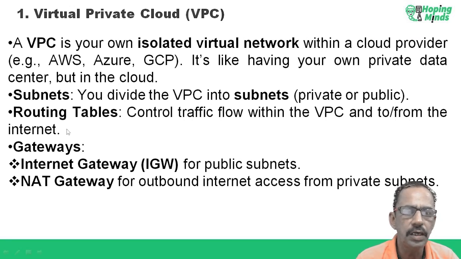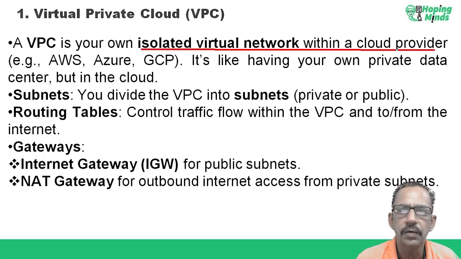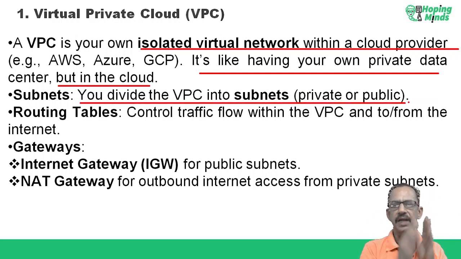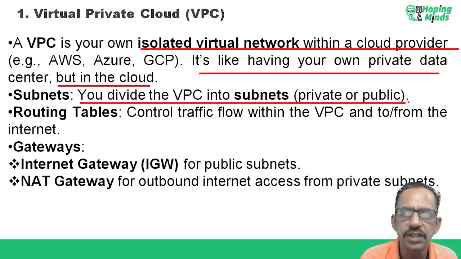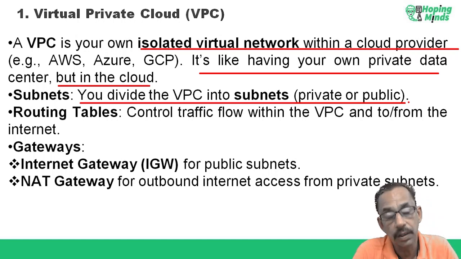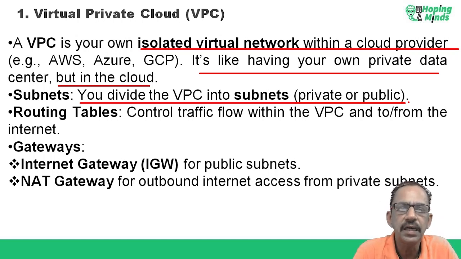We have already discussed all these things, so a fast overview again. VPC is an isolated virtual network within a cloud provider. It is like a private data center, but in the cloud. Subnets: you divide the VPC into subnets, private and public. In the private subnet, resources cannot directly go to the internet. Public is for devices or servers that need direct internet access.